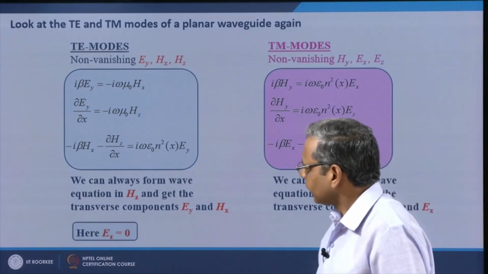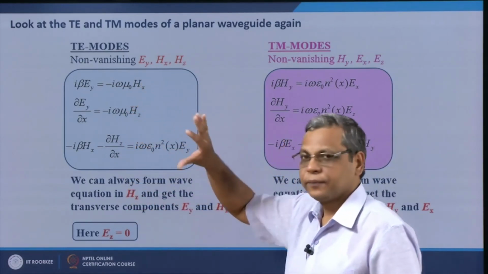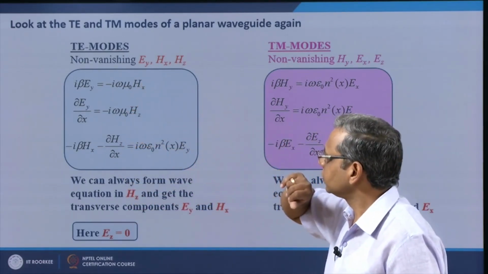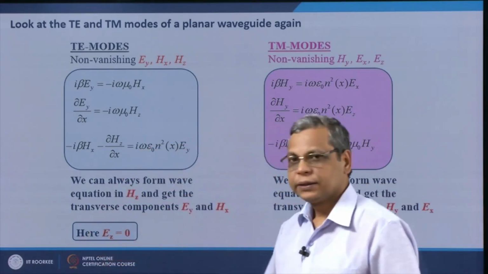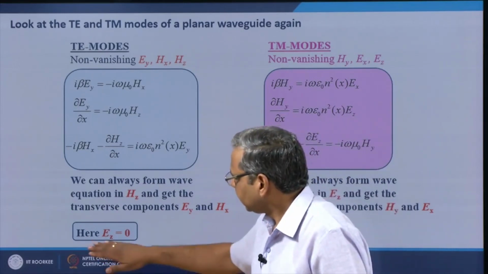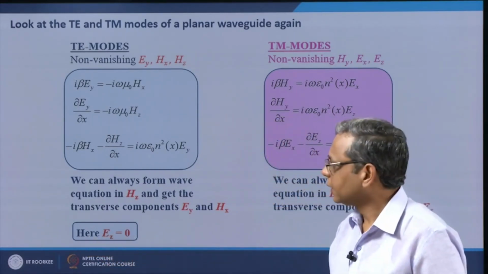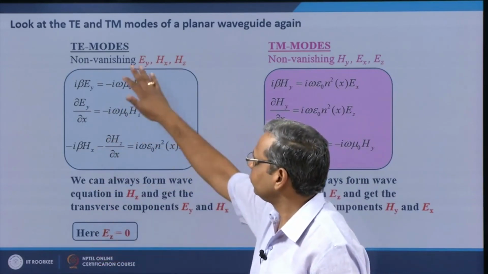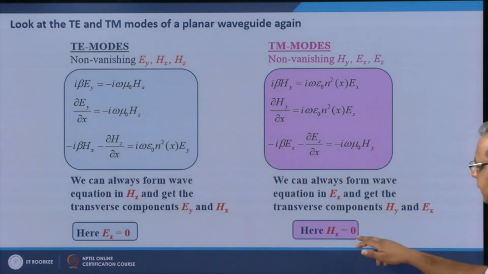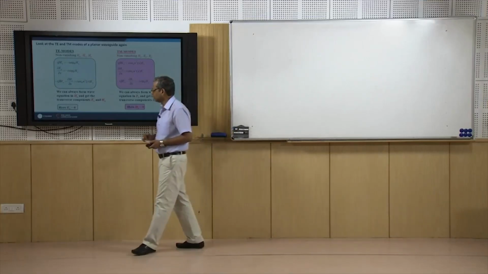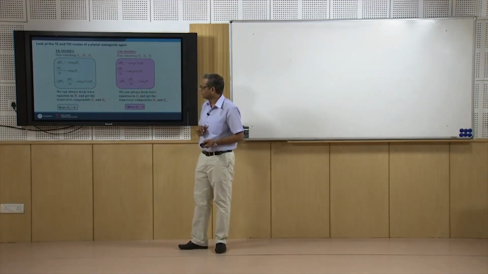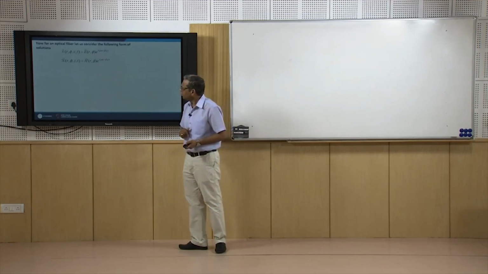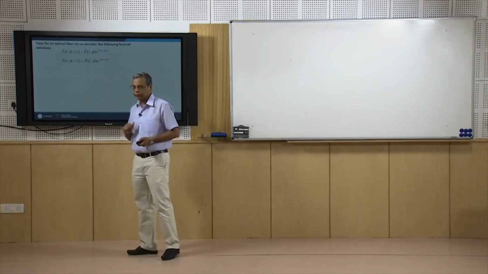So, I can define my TE modes in such a way that the fields for which Ez is equal to 0 are TE modes, and if I have Hz equal to 0, then they are TM modes. If Ez is equal to 0, then they are TE modes, and if Hz is equal to 0, then they are TM modes. Now, let us look at an optical fiber.